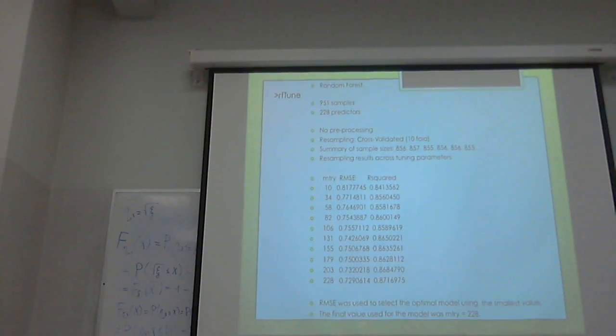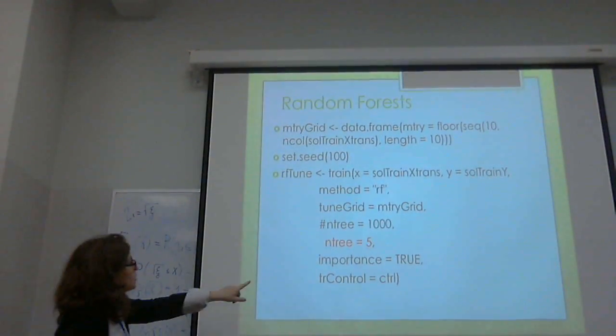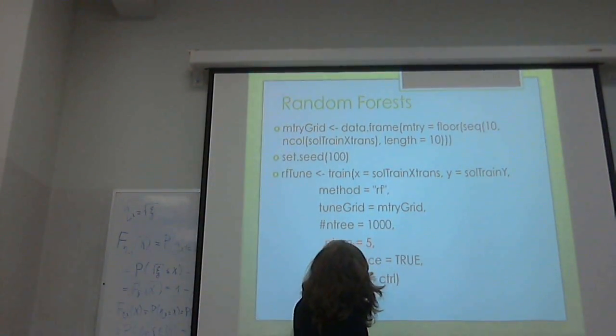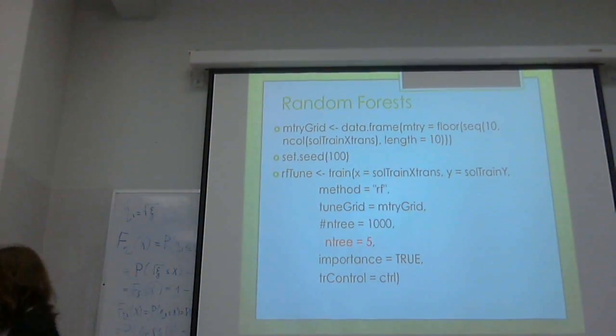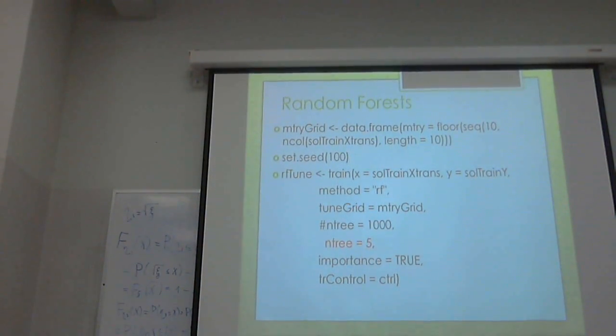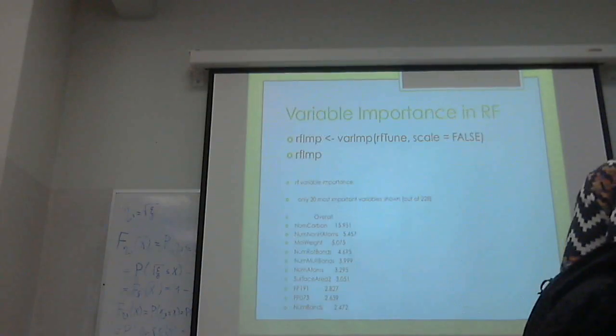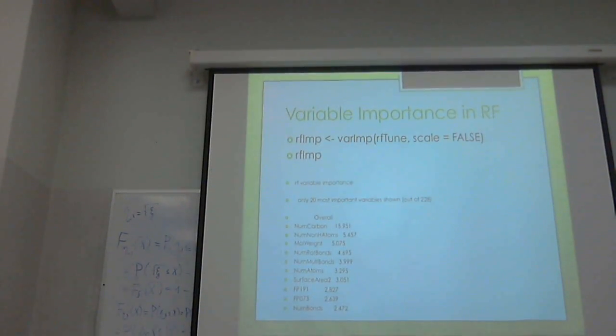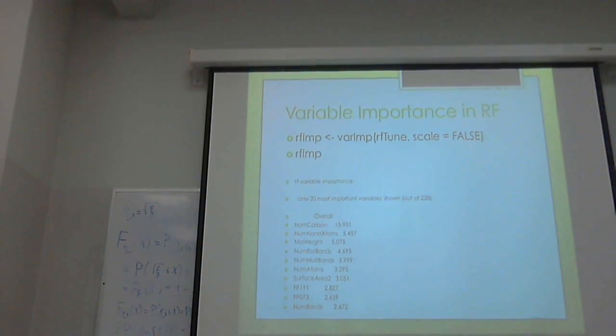And because we included this parameter importance is true, we can also use the variable importance parameter of the random forest. Usually you build the model, for example, if you want to build a good model, you use, say, support vector machine, so far the best.